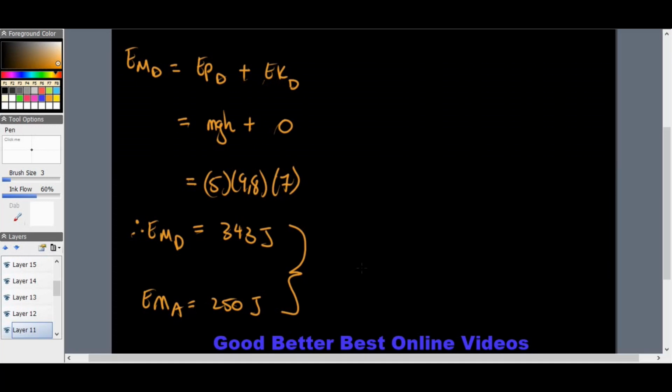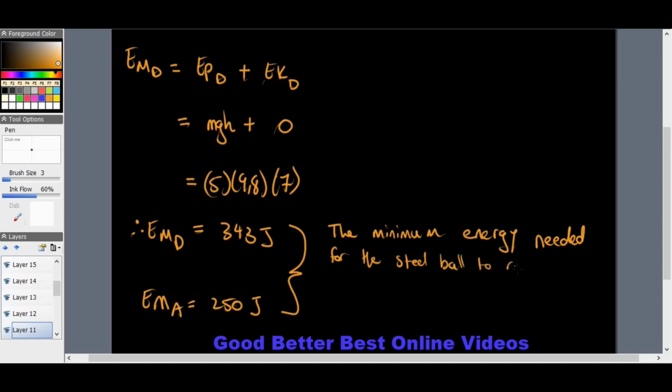Alright, cool. So let's write this out. The minimum energy needed or required for the steel ball to reach point D is 343 joules.